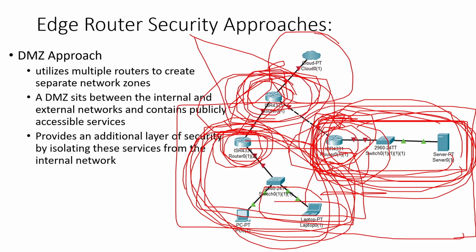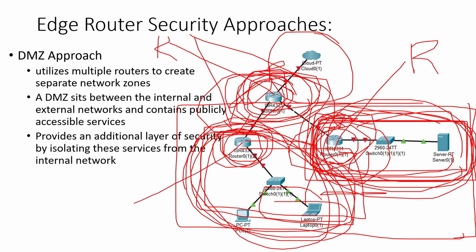If this router fails, there might be a configuration that this router will take over the security configuration of this network. If this fails, then probably this router can take over the security features of this network.